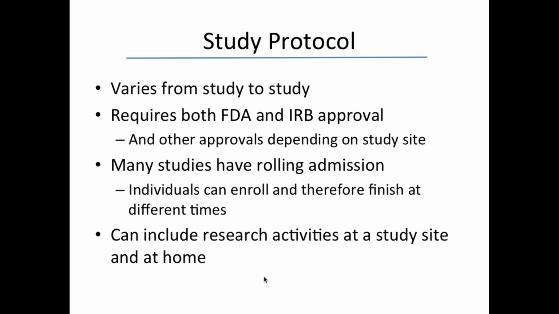But really the study protocol is what the participants are doing in order to test whether or not a drug works. So that includes things like taking the drug, having height and weight measured, having all the outcomes measured at periodic times, answering quality of life questionnaires, answering health questionnaires, all the things that are done to determine whether or not that drug works.